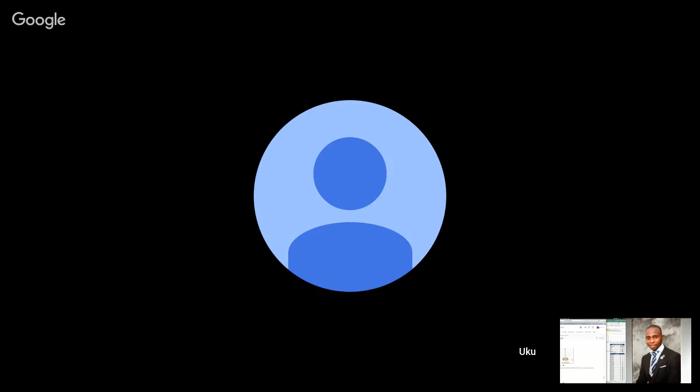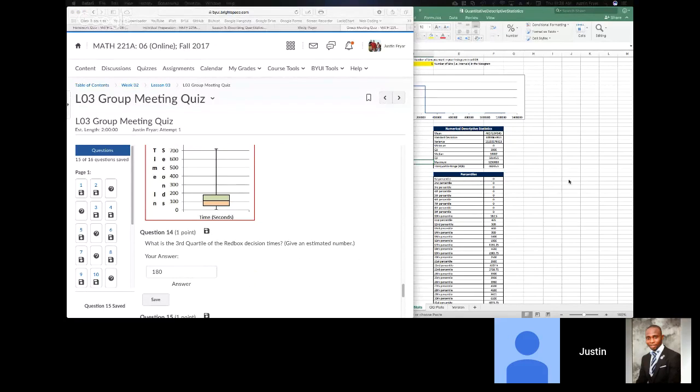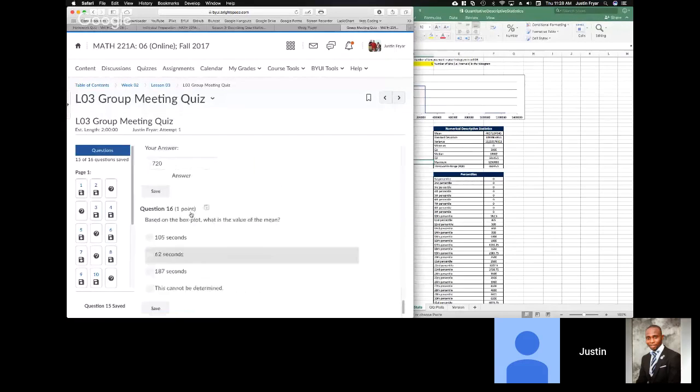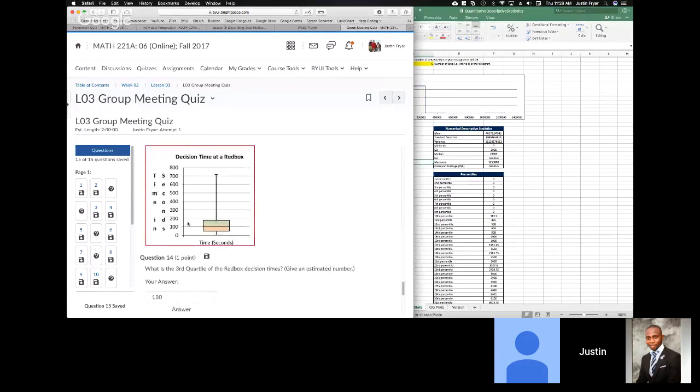Well, it's just the bottom of. This is the median. So this would be the mean, I think. 105, 62, 187.